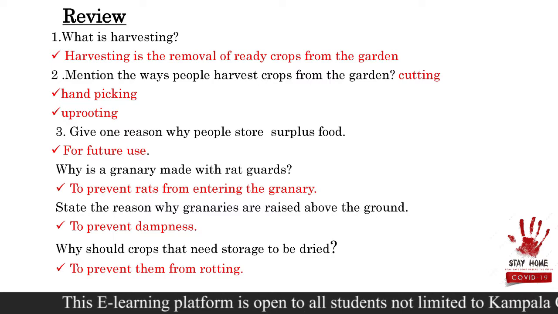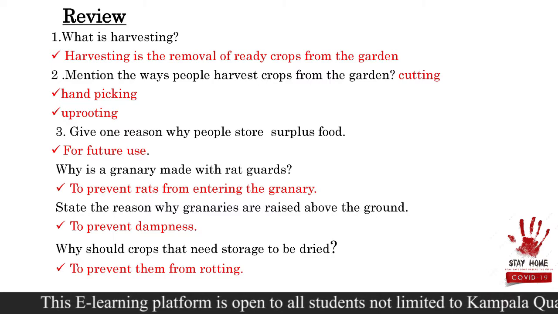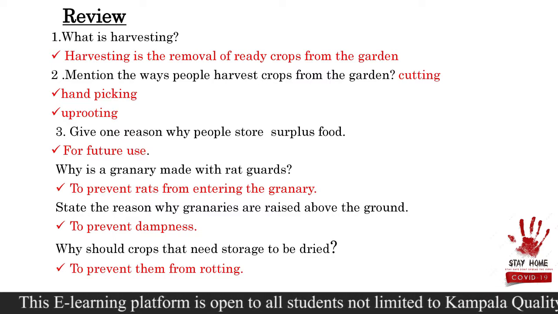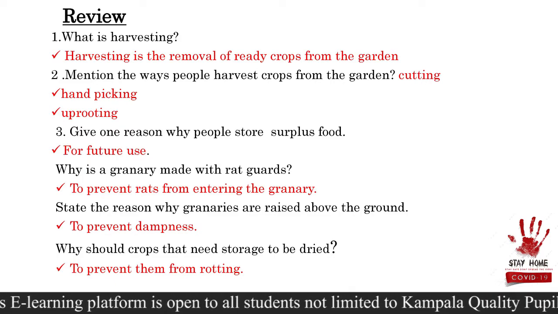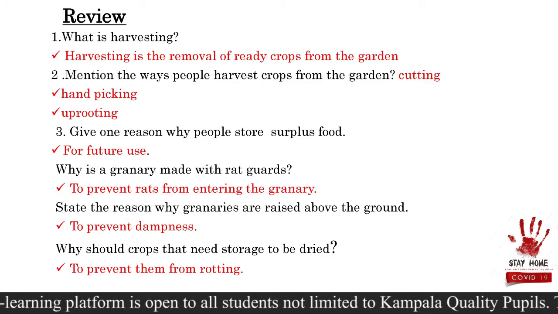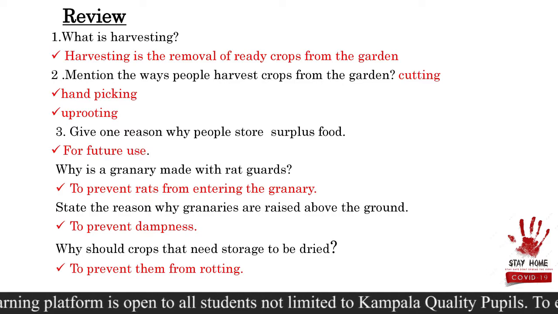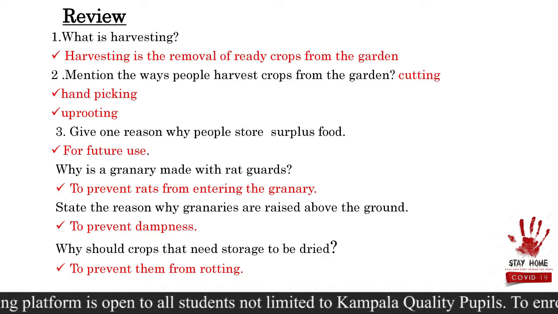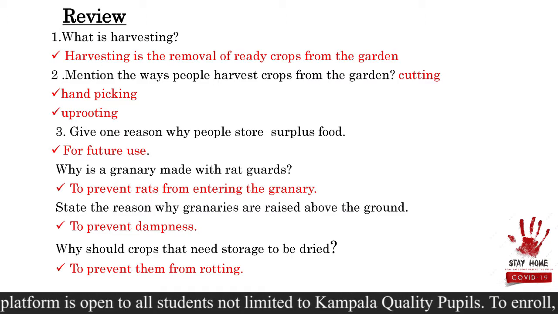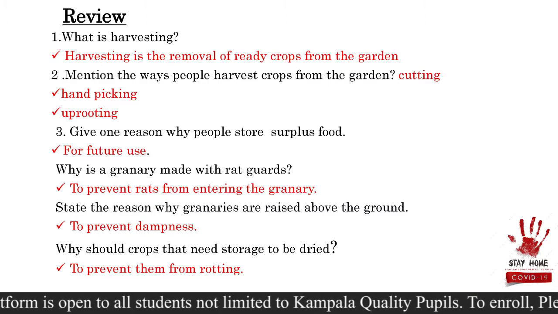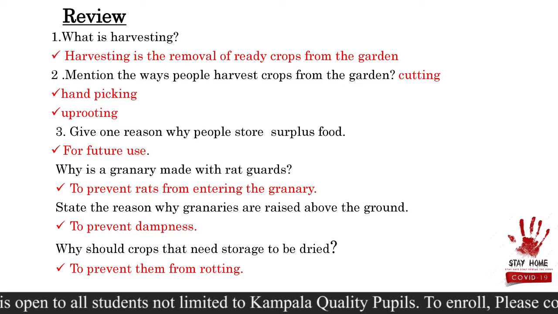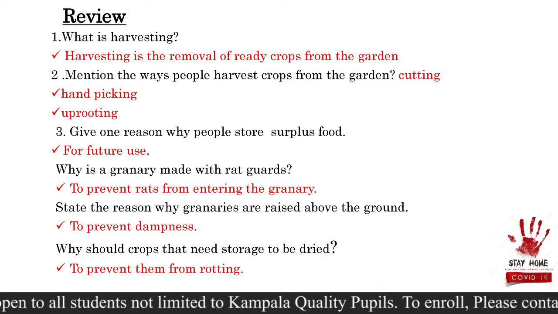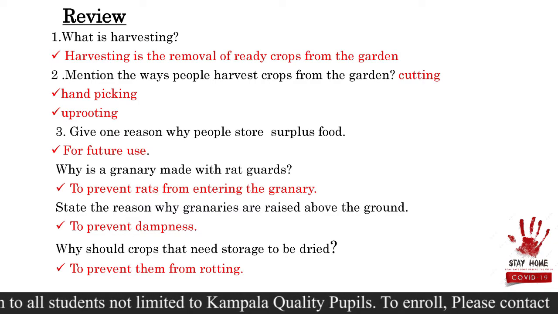So what you do, you cook little and then you keep the rest. The rest of the food you have not prepared and you have just kept is called surplus. So why do people store surplus food? We discussed many points, but here one of them is for future use. You can add others like to prevent wastage and others.